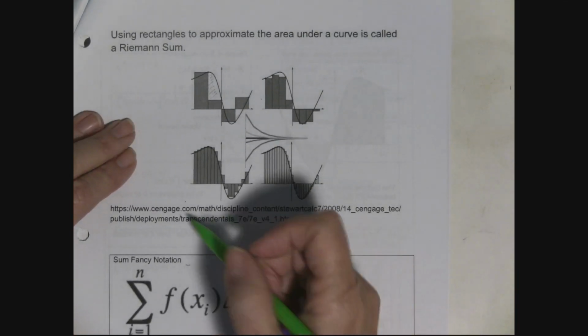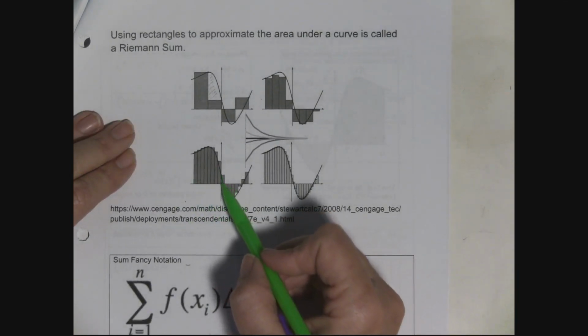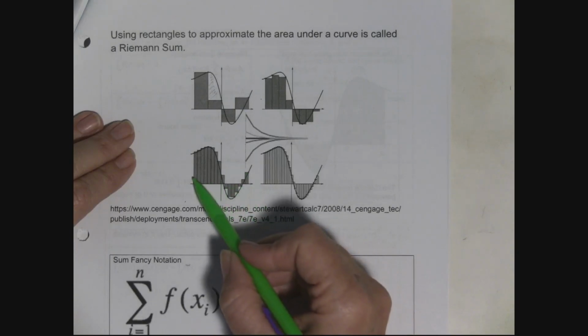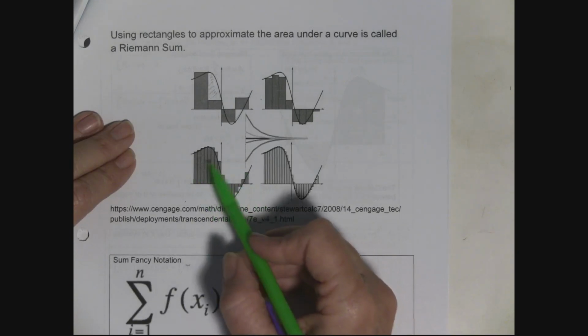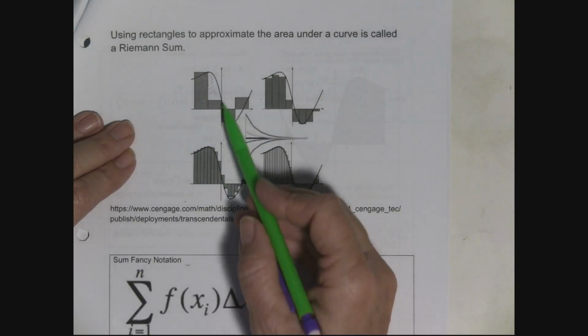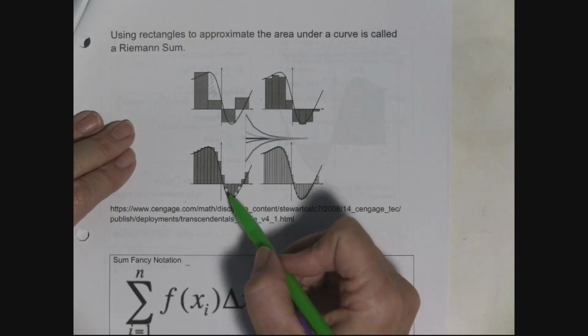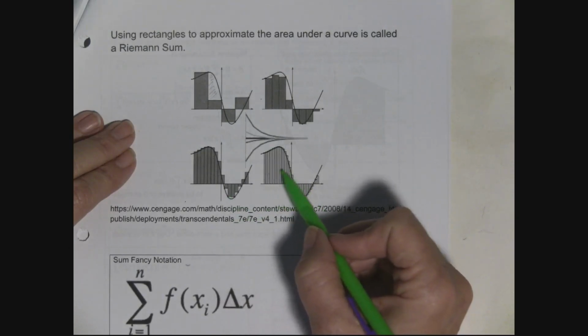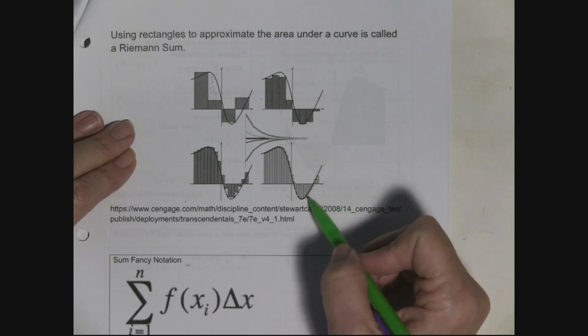I'm not going to be able to count how many rectangles are here because I'm just too tired, but you can see that it's even better. It's just a wee bit too big here, and you're not missing all of that, but you're missing some down here. And then this is even more rectangles, and you can see that it's even better.